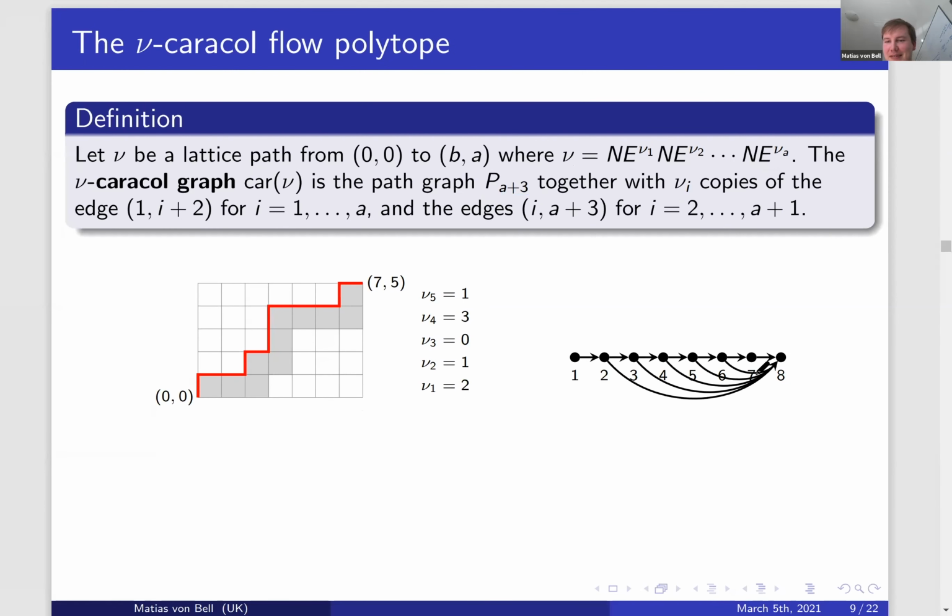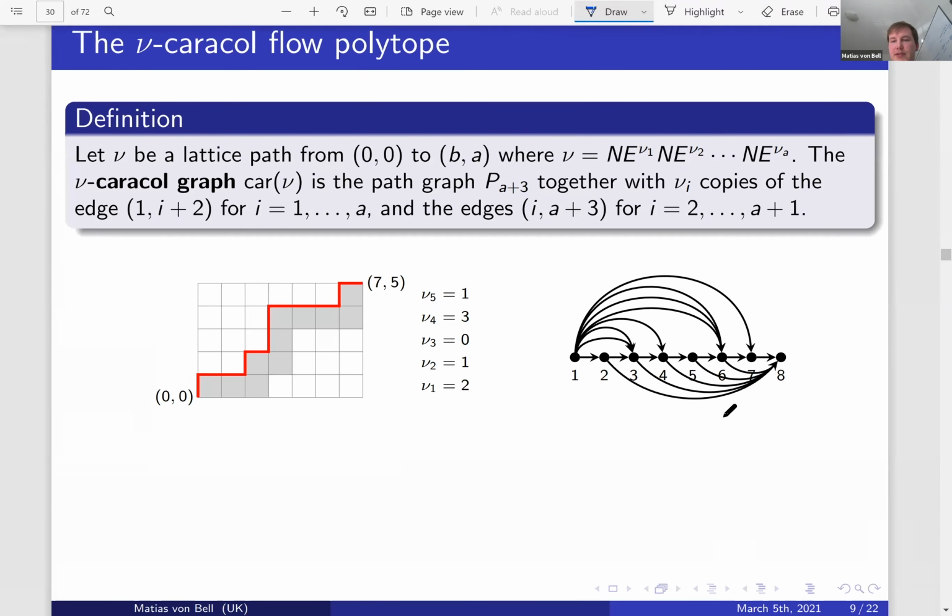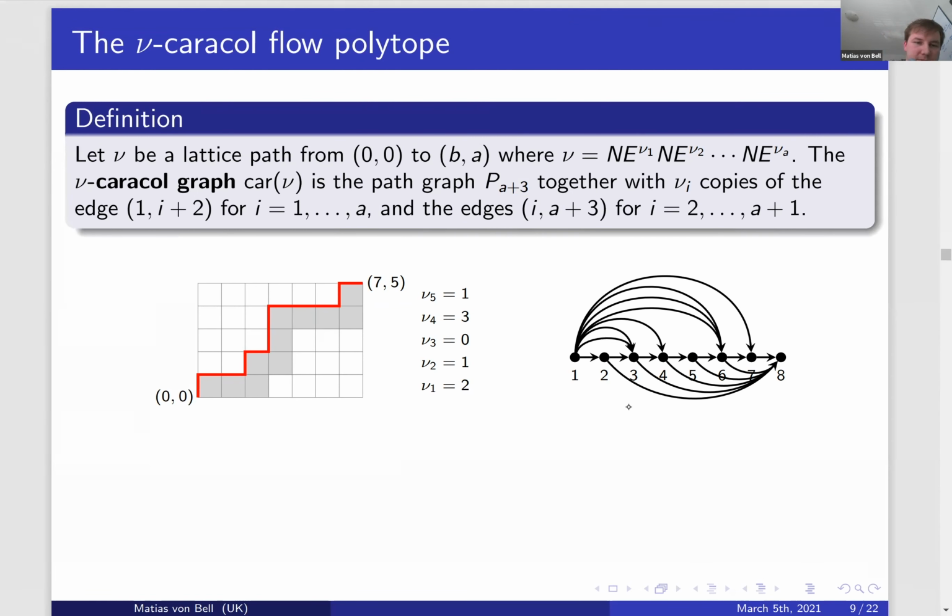So here we add these edges below, excluding the first edge to the sink. And then after that, we add edges on top based on the number of E steps. So here we end up with this graph. I'll show you how the E steps influence it here. There are 2 E steps in the first run of E steps, so we get that nu1 is 2.